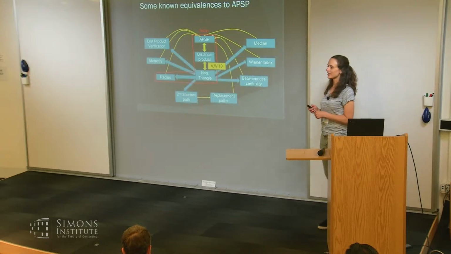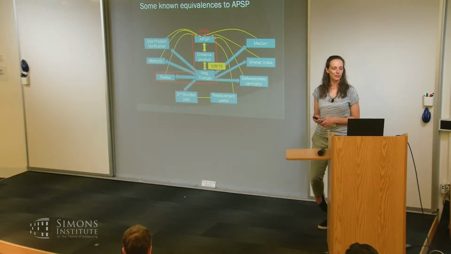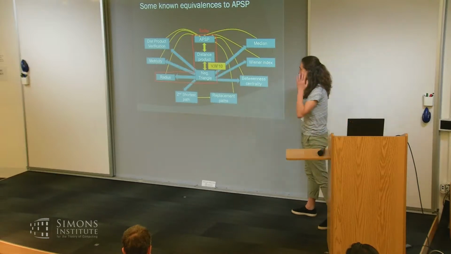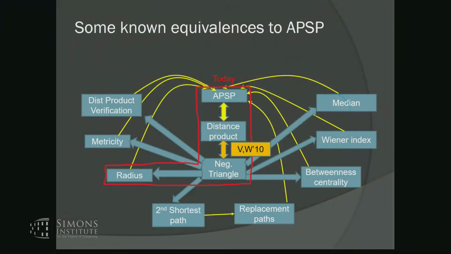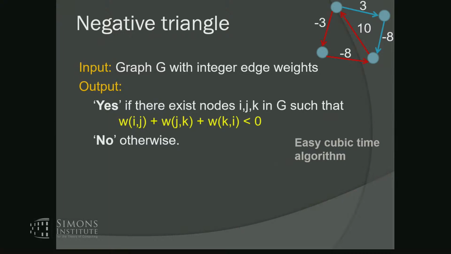Okay, good. So now comes really the part that I want to emphasize here, which is how do you go from this distance product down to the negative triangle problem? And you can do it. Just to define the negative triangle problem, given a graph with weights, some of which can be negative, we're asking: is there a negative weight triangle in the graph?